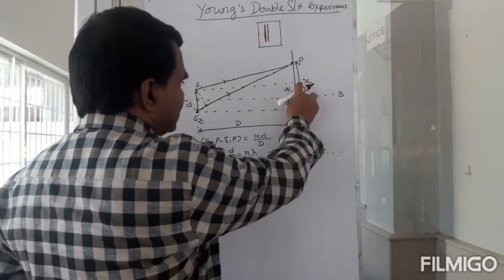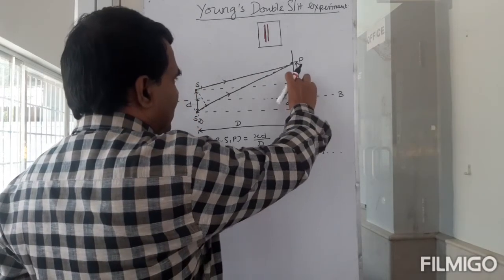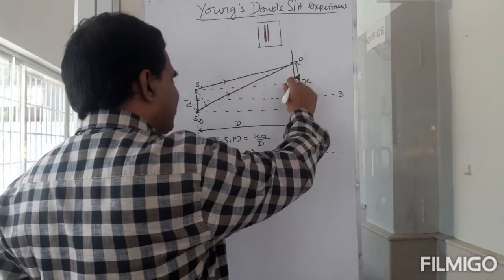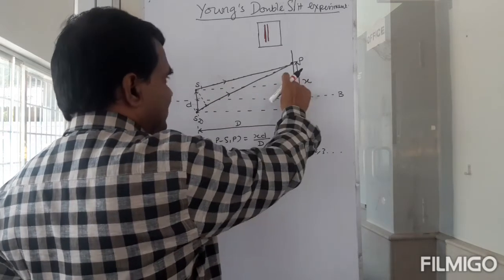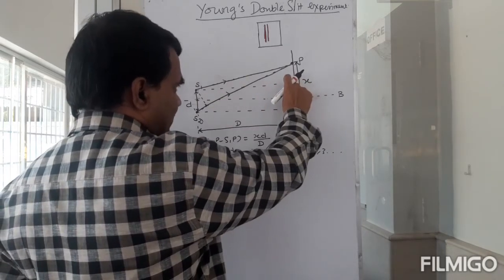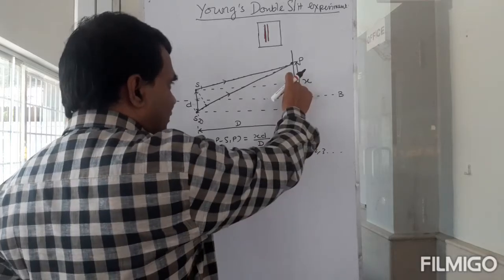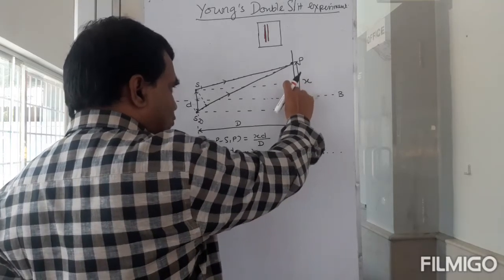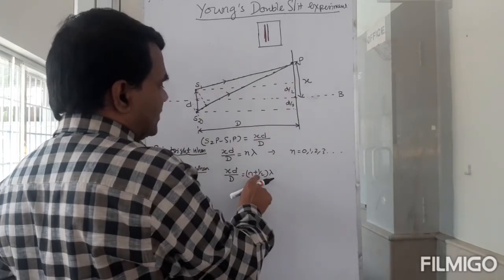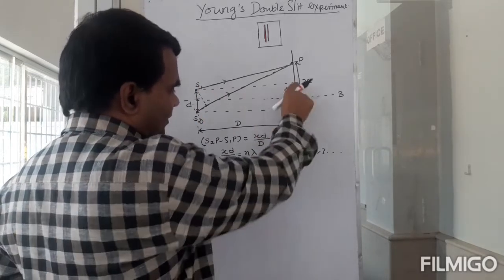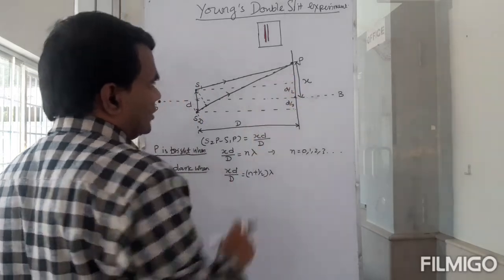So if P is here, then you have a bright spot, and if P is at some point here where the path difference is lambda, then it will be bright again. But if P is somewhere in between these 2 points, where the path difference becomes n plus half lambda, then you will have a dark spot.